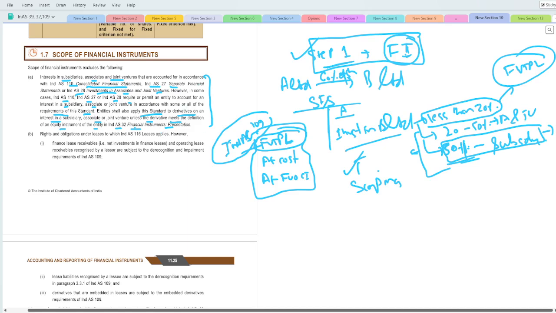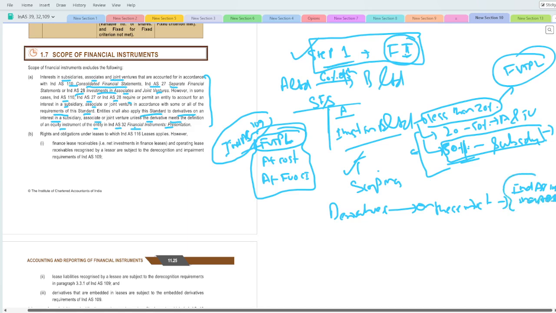So if you have derivatives on these investments, you will be following Ind AS 109 or Ind AS 32, that is the financial instrument accounting standard.